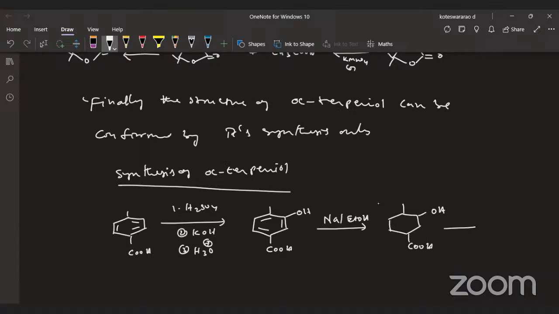Again, it is treated with PBr3, phosphorus tribromide. Then it leads to the formation of the bromo product. That OH is substituted by the bromine group. That is bromide ion, a nucleophilic substitution reaction.